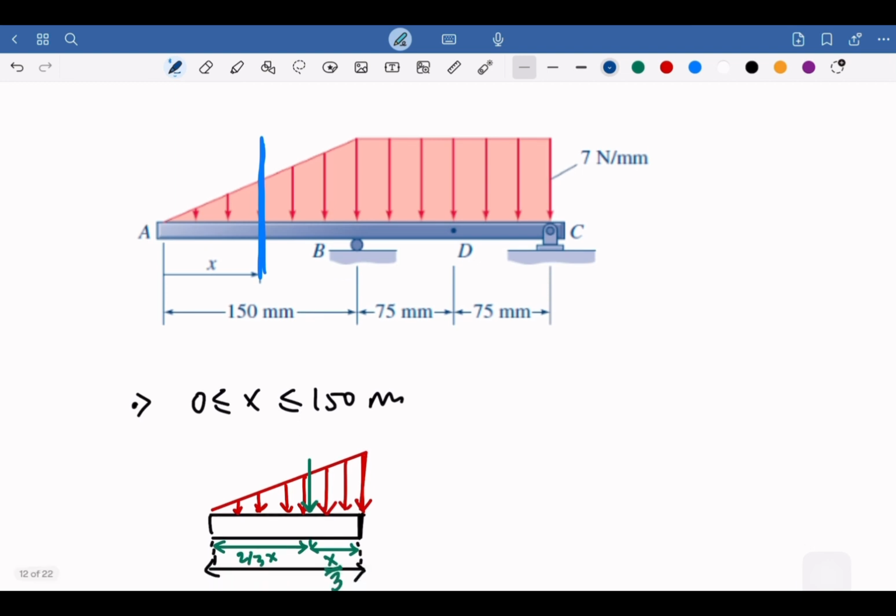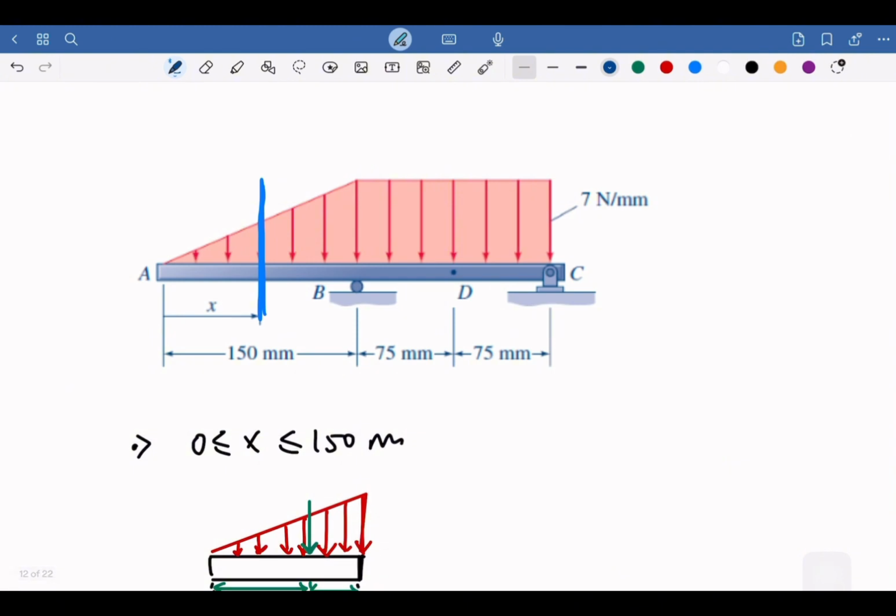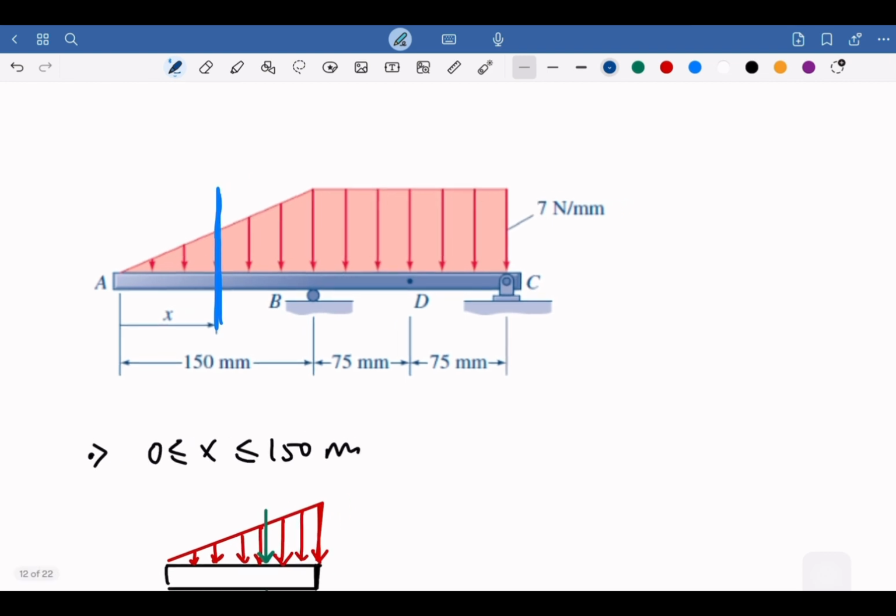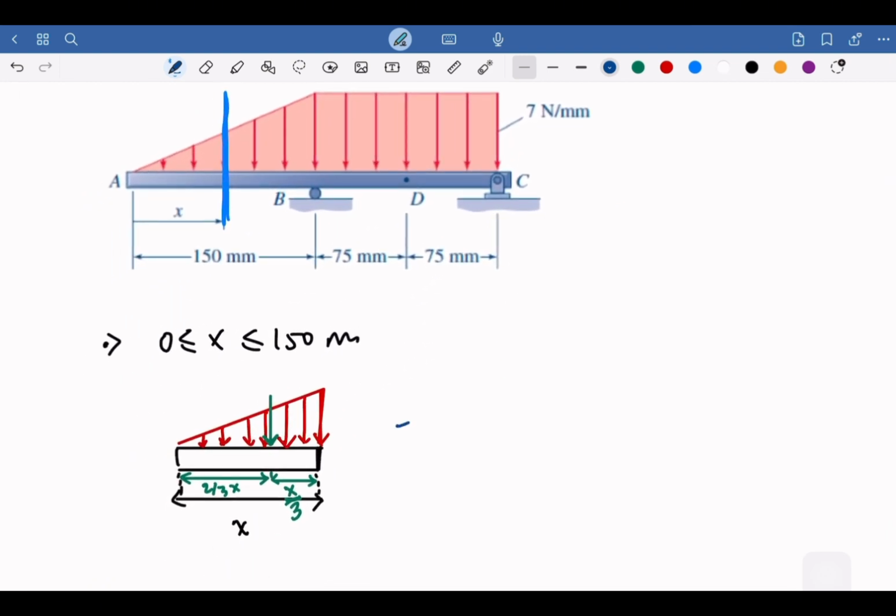I think let me draw it here. You need to draw it like this, because that is not 7. 7 is this, and that one is here. Suppose that this is y, and this is x. And the 7 will be at 150. Okay, do you get it?